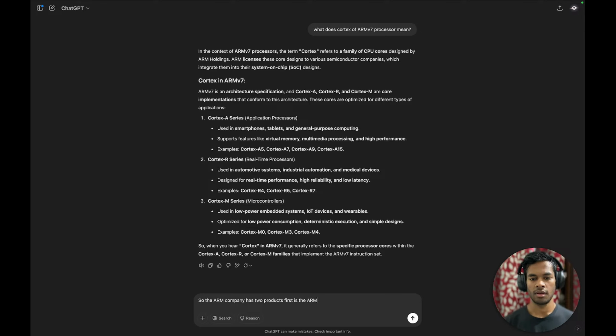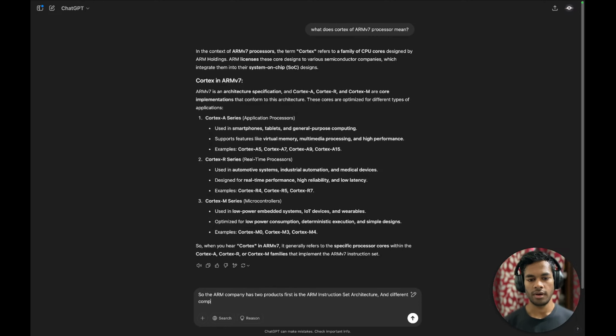First is the ARM instruction set architecture, and different companies can design their own processors and then manufacture them, which implement this ISA.